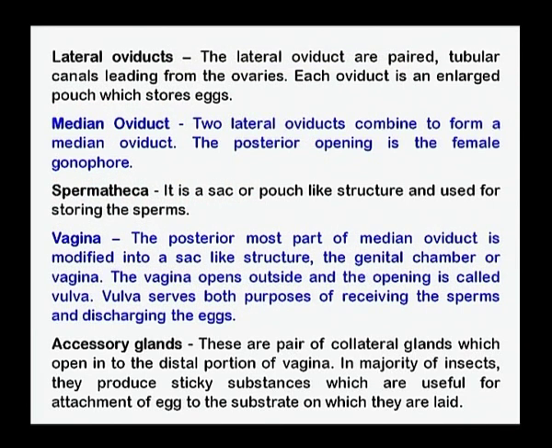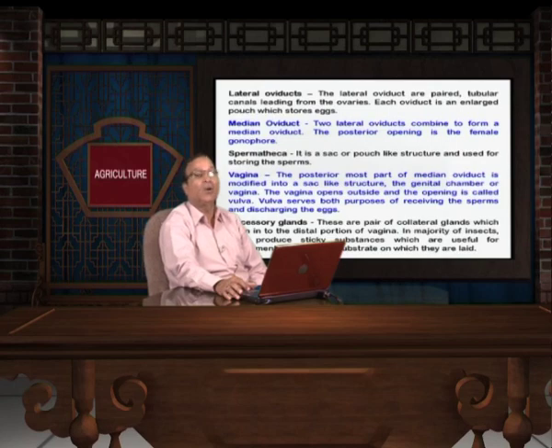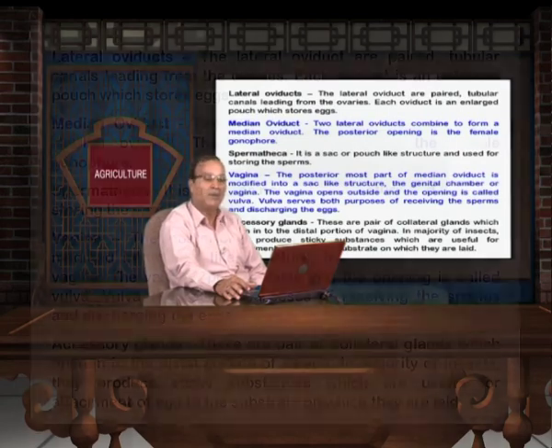Now, both ovaries are united posteriorly by the oviducts, which may be lateral or median oviducts, and these oviducts unite at a common place in the form of a common oviduct, and this common oviduct leads posteriorly and opens in the vagina of the female insect, which is surrounded by a sac-like or pouch-like structure known as spermatheca.